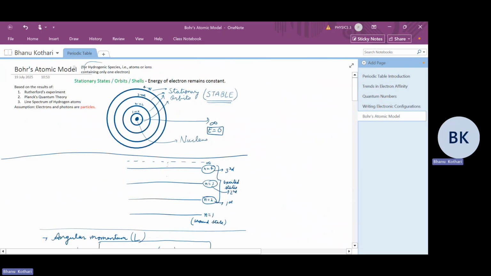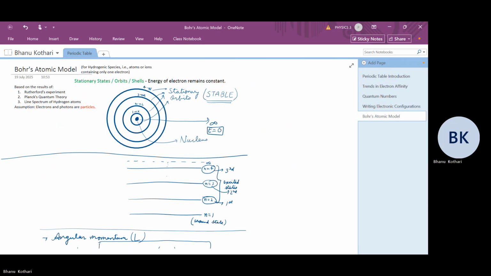The normal other atoms, which contain more than one electron, cannot be described by the Bohr model. Bohr model is applicable only for hydrogen atom and hydrogenic species, which contain only a single electron. There are very few atoms or ions which will fit that category. If you want a general atomic model, Bohr's model is not sufficient.